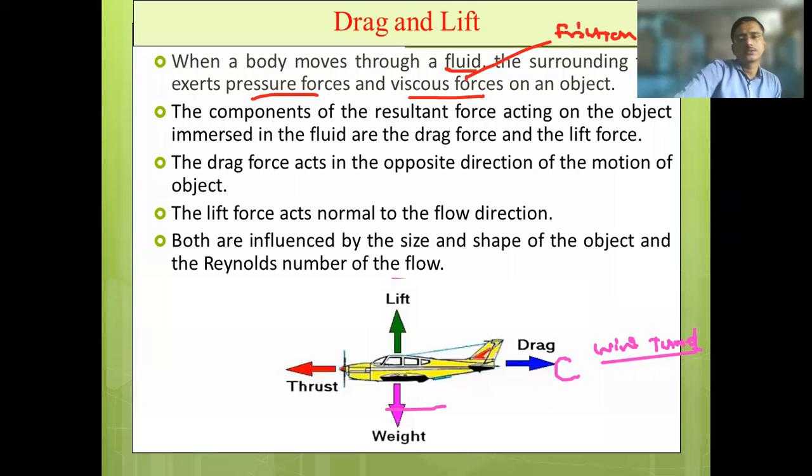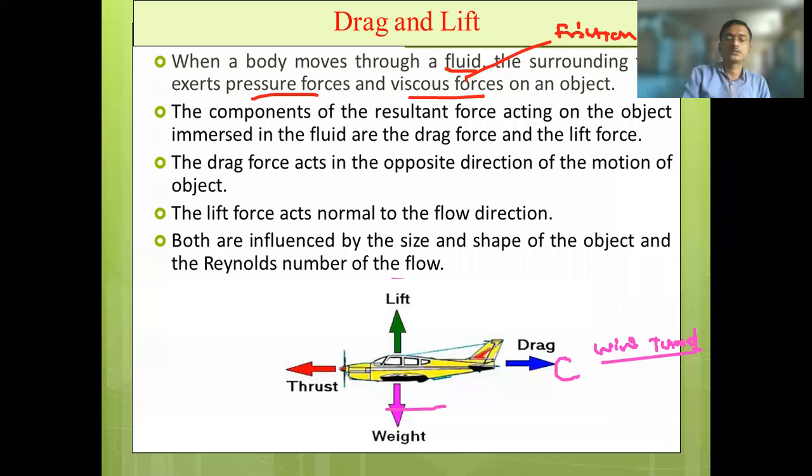When a body moves through a fluid, the surrounding fluid exerts pressure force and viscous force on the object.